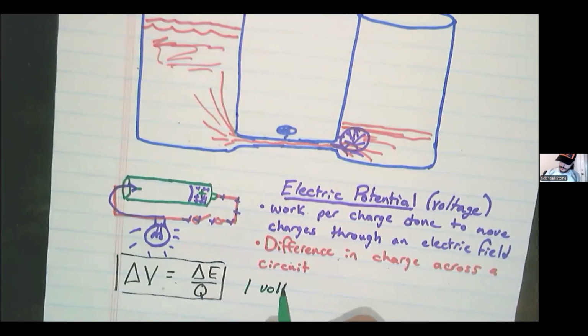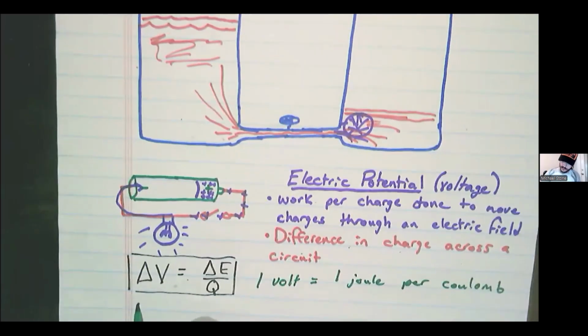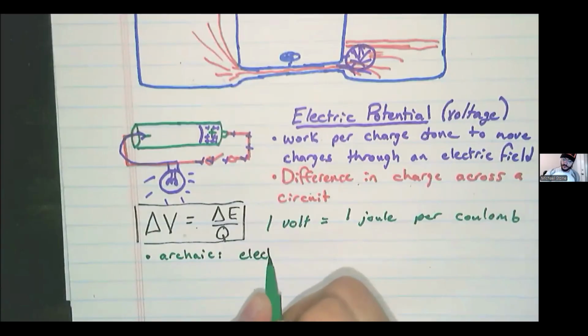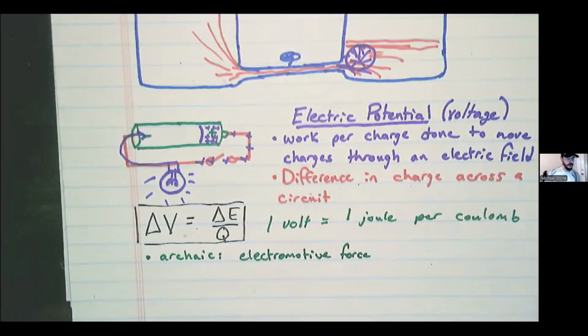In terms of an equation for voltage, it should be familiar. 1 volt is defined as 1 joule per coulomb. There is an archaic term which sometimes appears, depending on who's writing your physics stuff: electromotive force. Of course, this is not a force. Otherwise, we'd be measuring it in newtons.